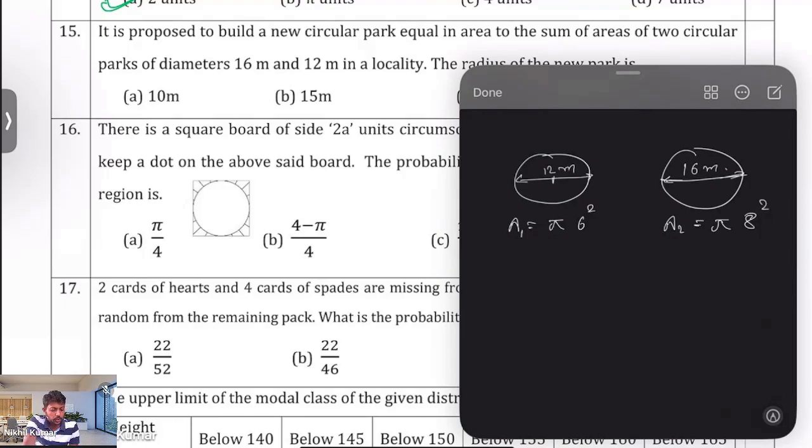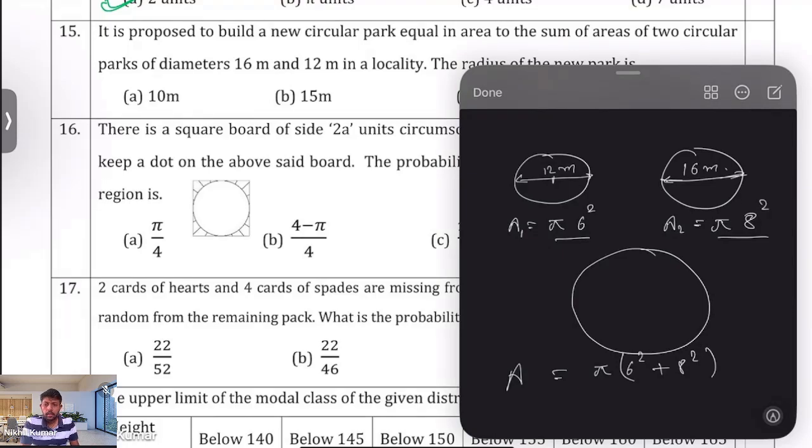We have to build a new circular park, a bigger one, and the area of this is the sum of areas of these two. So pi times 6 square plus 8 square. This is the area. Okay, so let's assume the radius of this bigger circle to be capital R. So the area can be represented in terms of this radius as pi times r square.